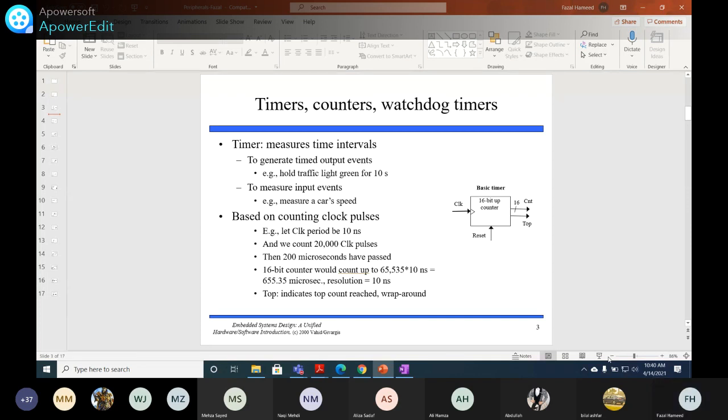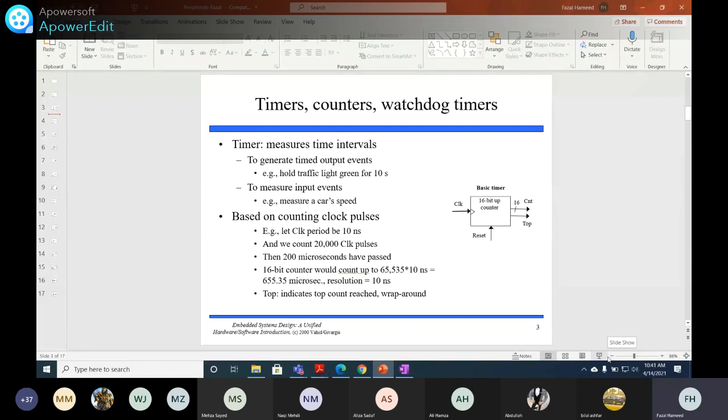A timer is used to generate timed output events. It can also be used to generate a delay. For instance, if you want to hold the traffic light green for 10 seconds and hold the traffic light red for 1 second, it can be used to generate the delay between two different events.